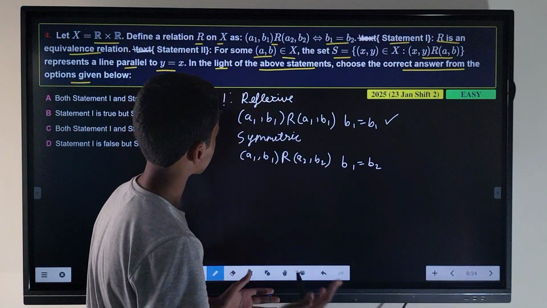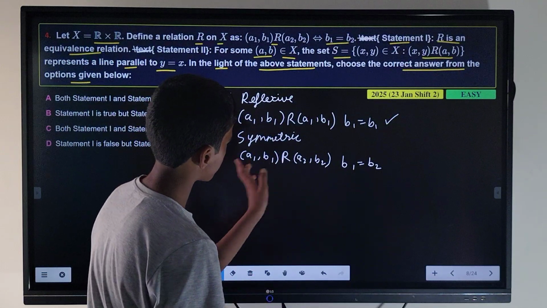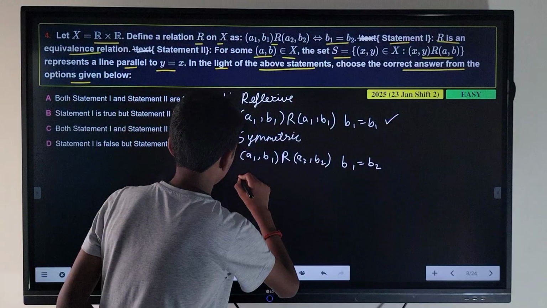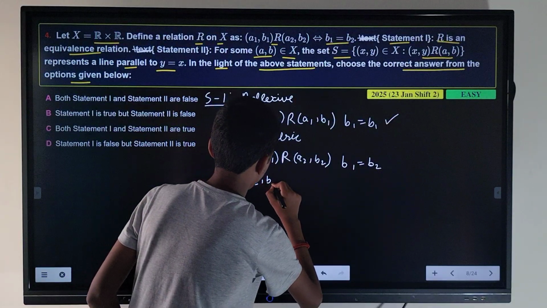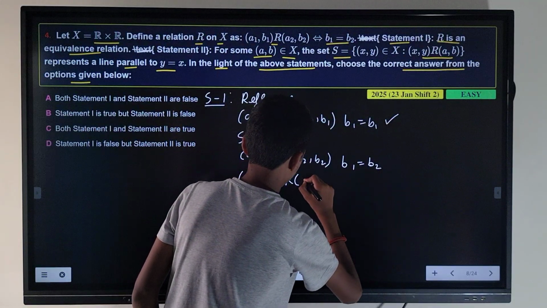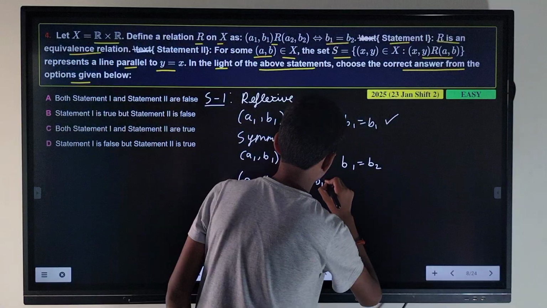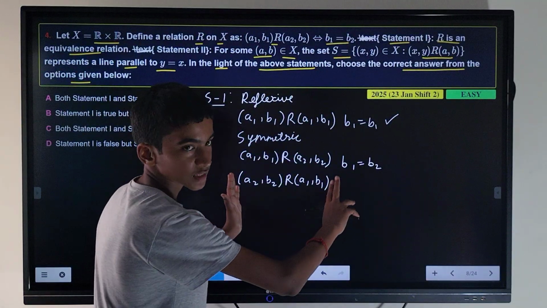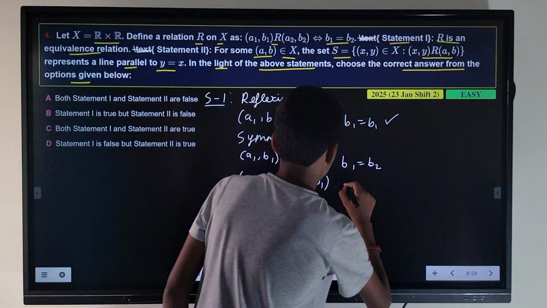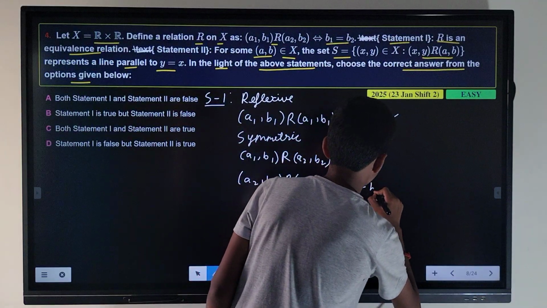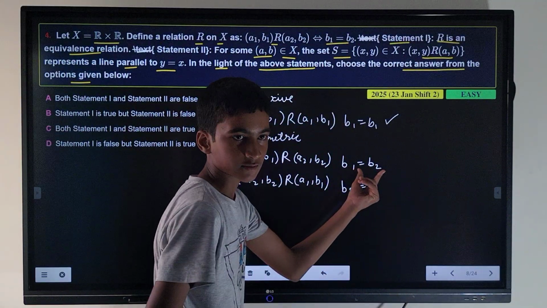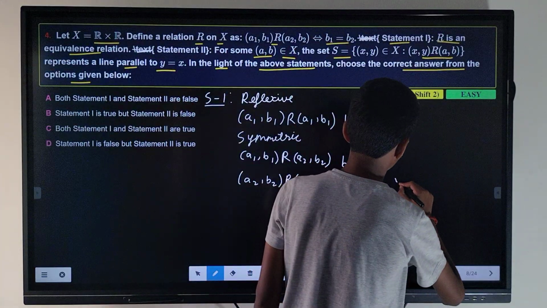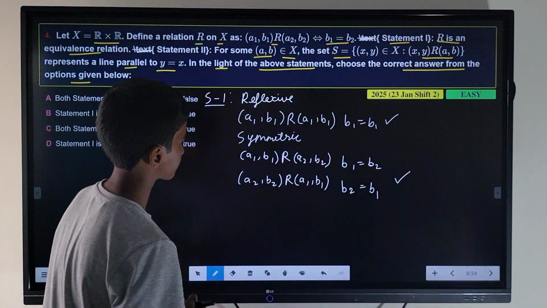So if our relation is symmetric, then (a2, b2) related to (a1, b1) should also be in relation. Now this is in relation if and only if b2 is equal to b1. If b1 is equal to b2, then b2 is also equal to b1. So from here our relation is also symmetric.